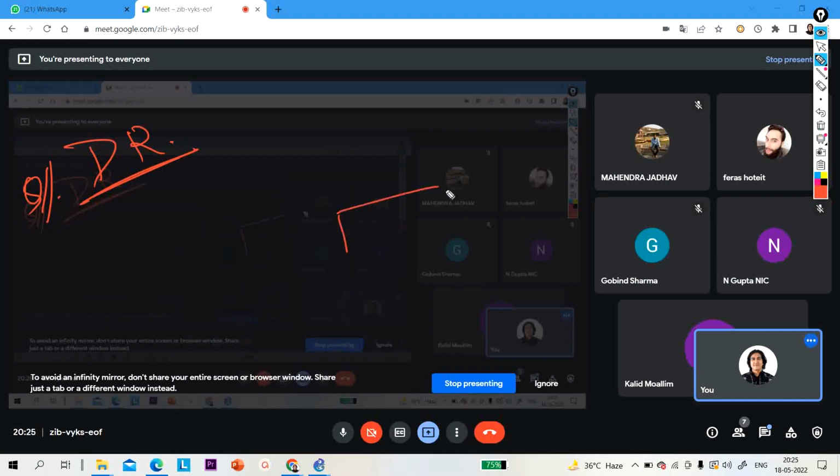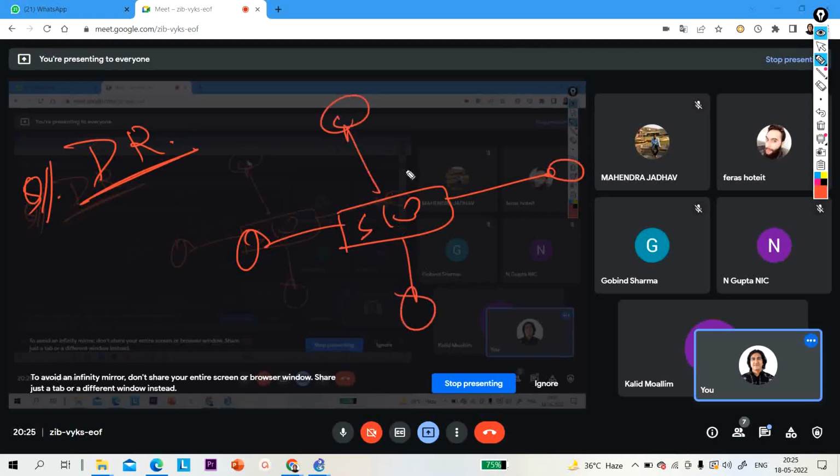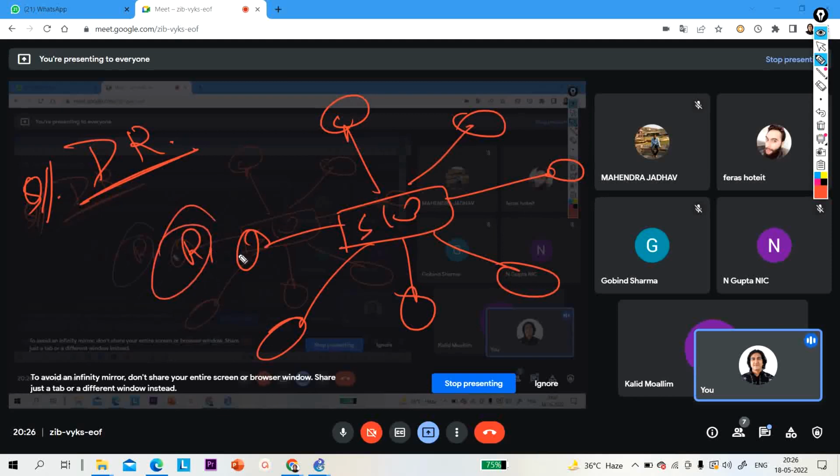So suppose I have a network like this: this is my switch, here is a router, here is a router, here is a router, and here is a router. There are 8 routers. Suppose this is R1. So the number of adjacencies of R1 is 1, 2, 3, 4, 5, 6, right? So it will send 6 database descriptions.